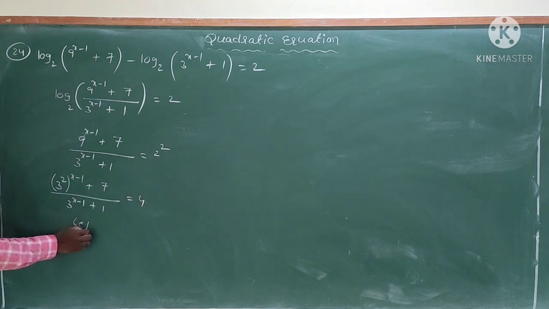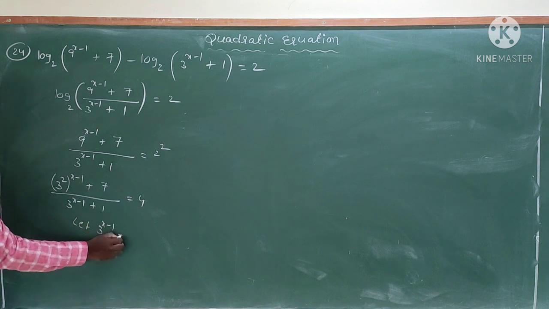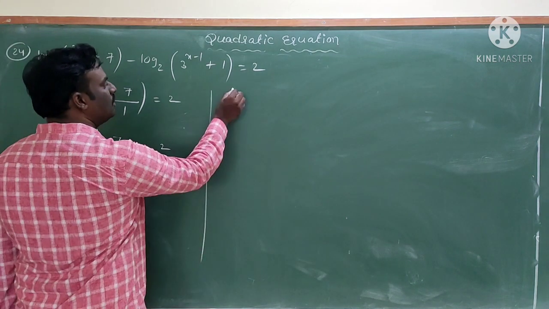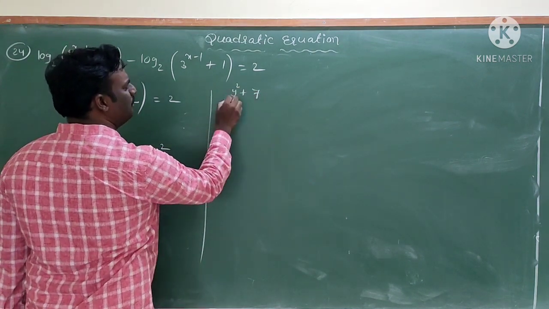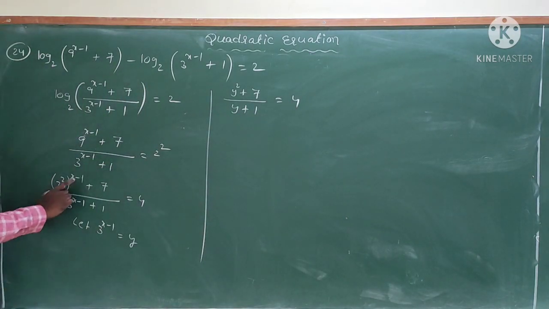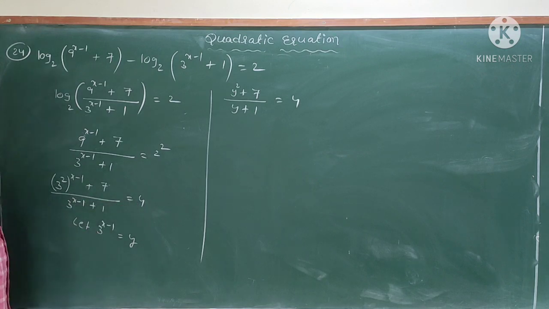Now let 3 power x minus 1 be equal to y, I am taking. Now this equation is y square plus 7 by y plus 1 is equal to 4.